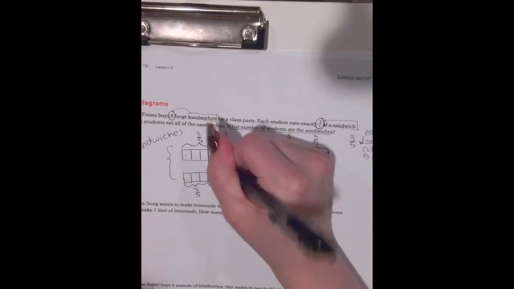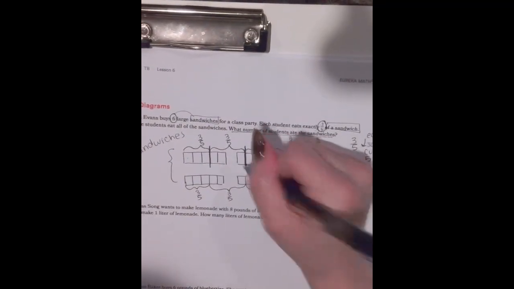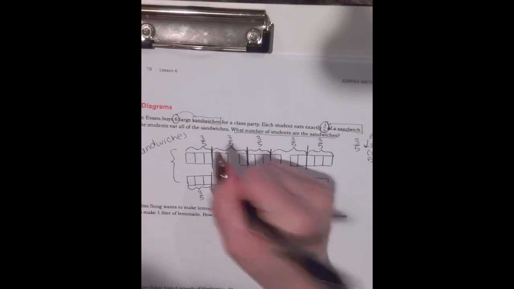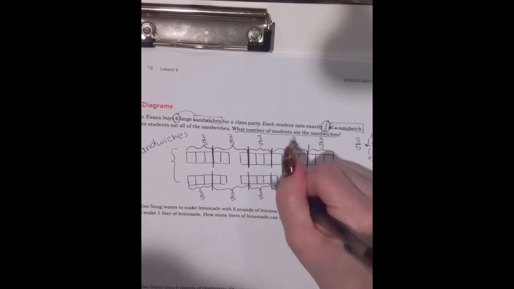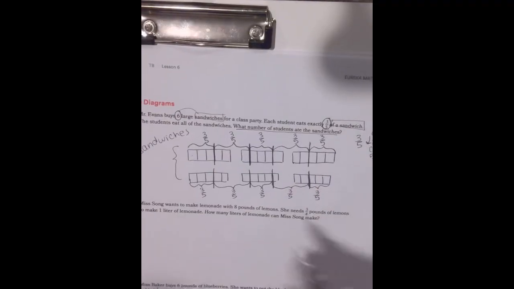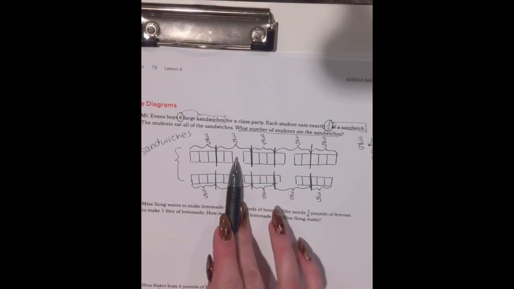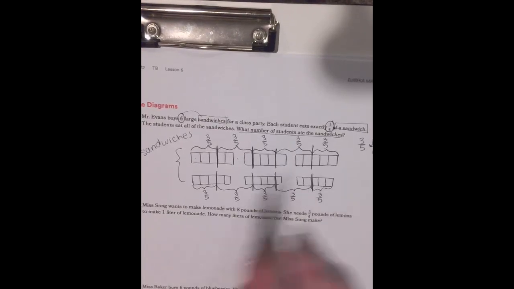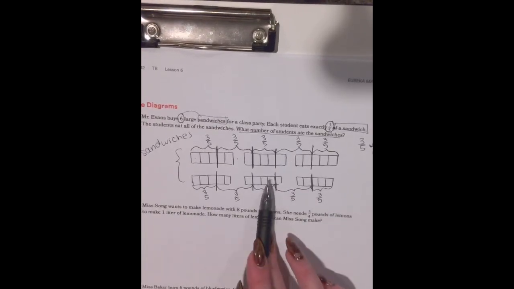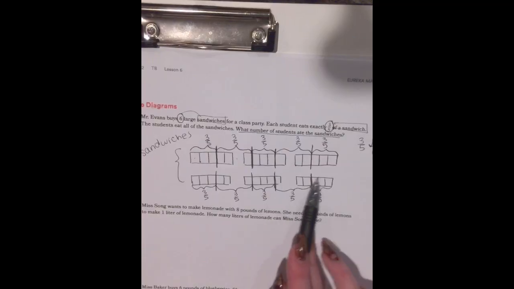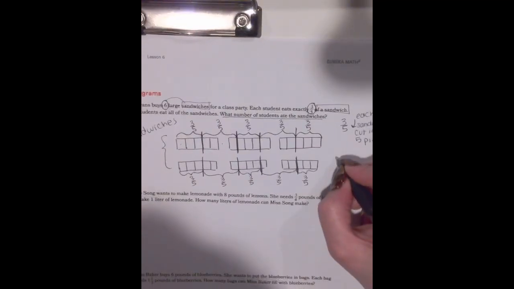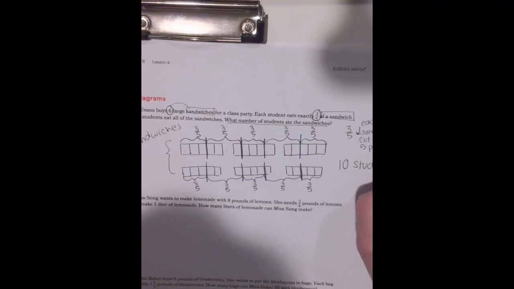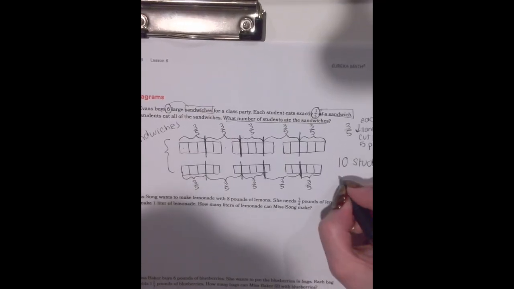So I'm going to draw these lines a little bit bigger where the 3/5 are cutting off. So we have 1 person, 2, 3, 4, 5, 6, 7, 8, 9, 10. So 10 students ate the sandwiches.